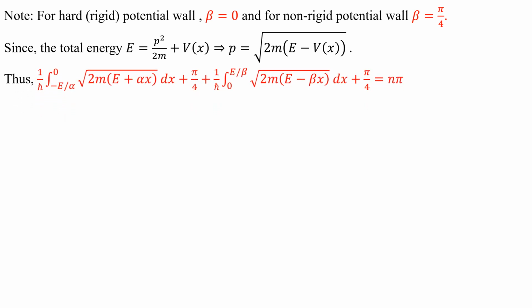Thus, 1 upon h cross integration from minus E upon alpha to 0 of square root of 2m (E plus alpha x) dx, plus pi by 4, plus 1 upon h cross integration from 0 to E upon beta of square root of 2m (E minus beta x) dx, plus pi by 4, equals n pi.